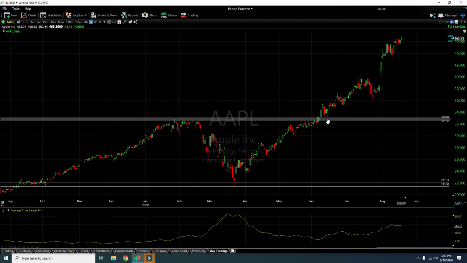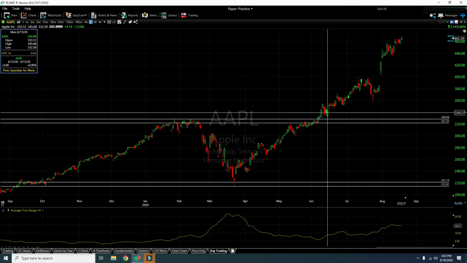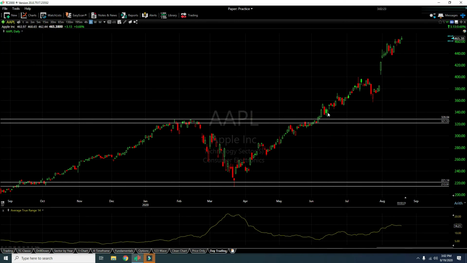So if you wait for the price to come close to 331, within 3 to 5% of that, and the price hits that area, like here, the low was 332, which is exactly $1 away from 331, which is not even 1%, it's 0.5%.